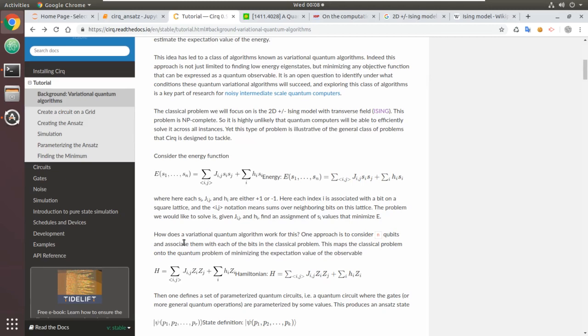And we're also given what's the desired interaction with the external field.